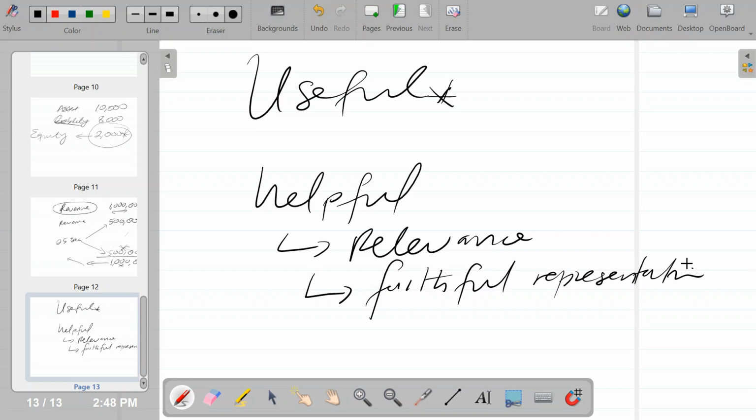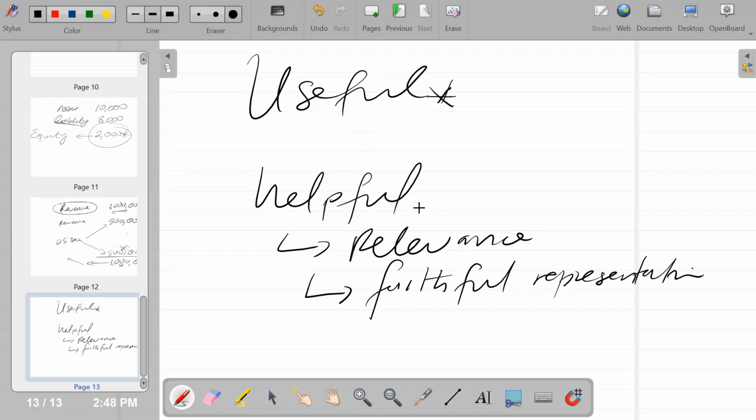So they need to get that information to decide that, oh, this man is the right person for me. So relevant information is information that is helpful in decision making. You need it to conclude on your decision.